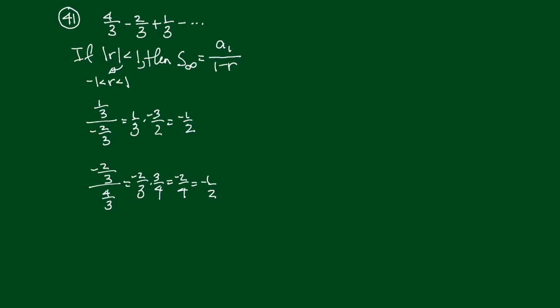All right, so I'm pretty confident now that r is equal to negative 1/2, which surely means that we're in here, right? So we're now going to use this formula right here. The sum of all infinitely many terms is a1, the first term, 4/3, divided by 1 minus r. Now r was negative 1/2.